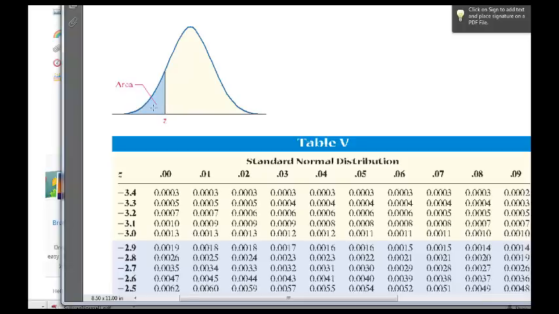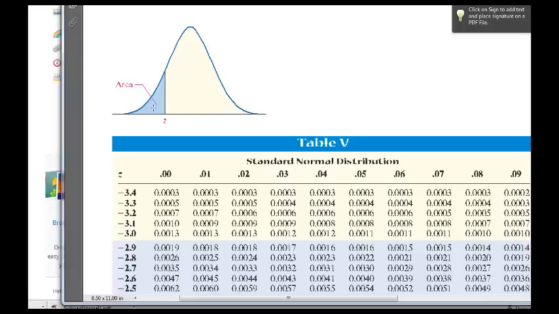Does that make sense? That's what you need to keep in mind. Some textbooks will have area to the right. I was helping a friend the other day. Her textbook had an awful situation. I felt really bad for her. It was different columns depending on whatever you were looking at, but for our textbook, it's going to be the area to the left of z.